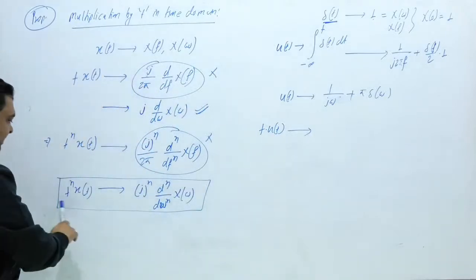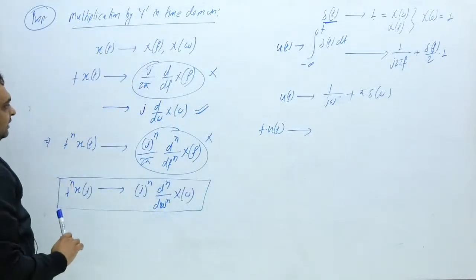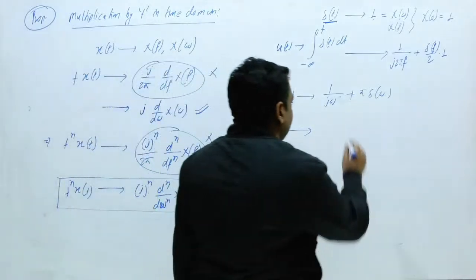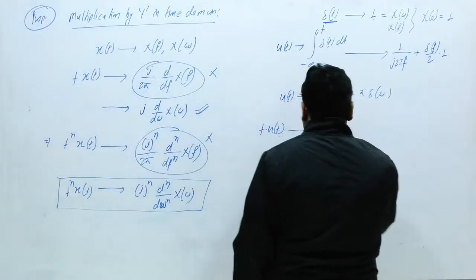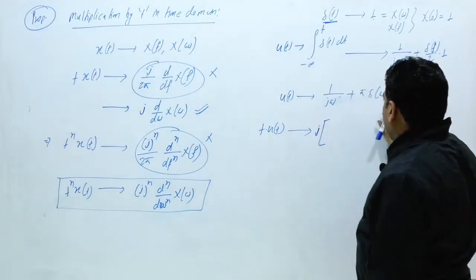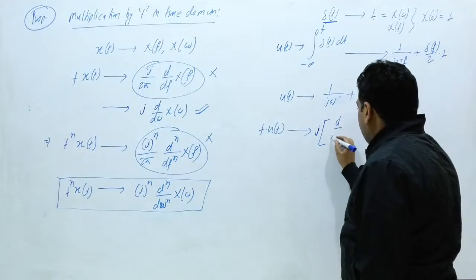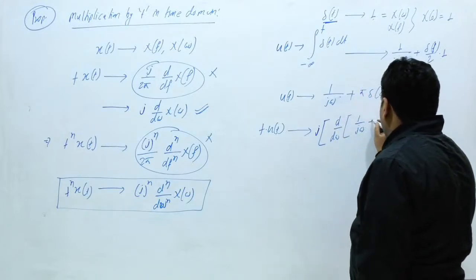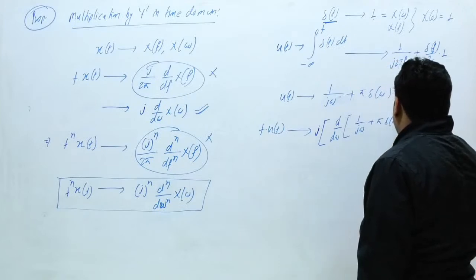By this property, t times u(t) gives j multiplied by the differentiation, so you multiply by j and differentiate d upon d omega of 1 upon j omega plus pi delta(omega).